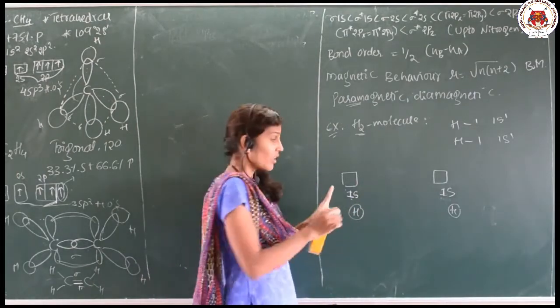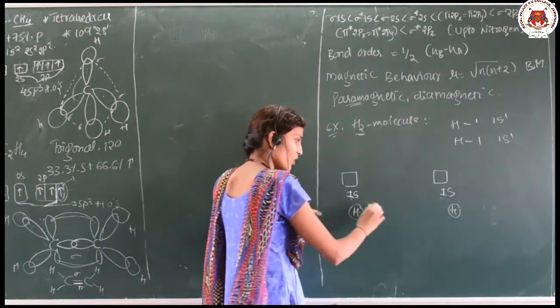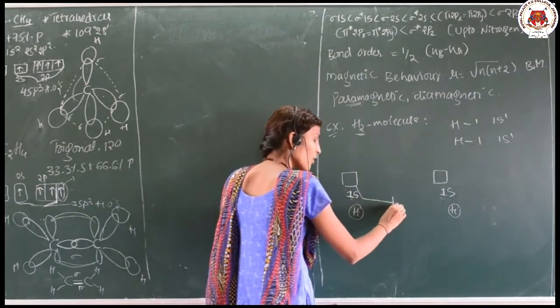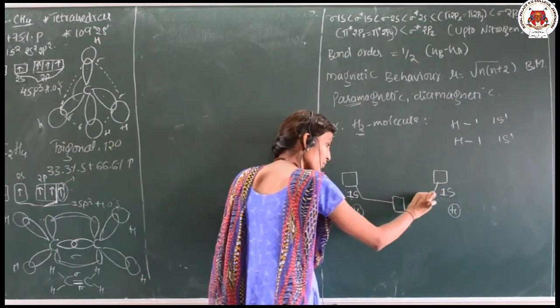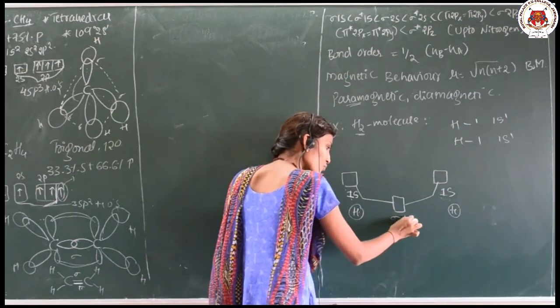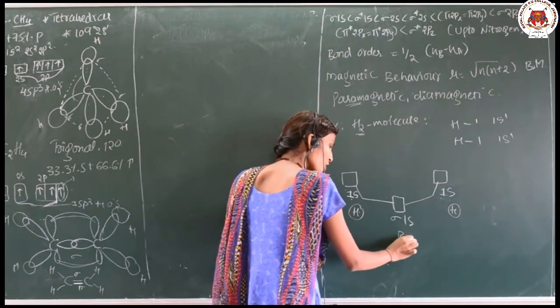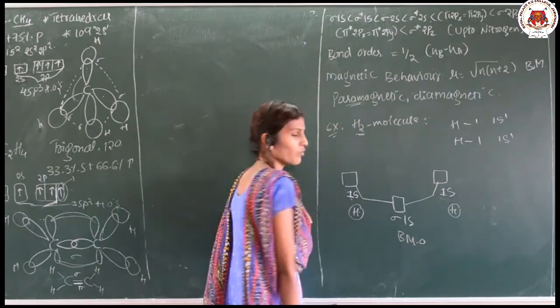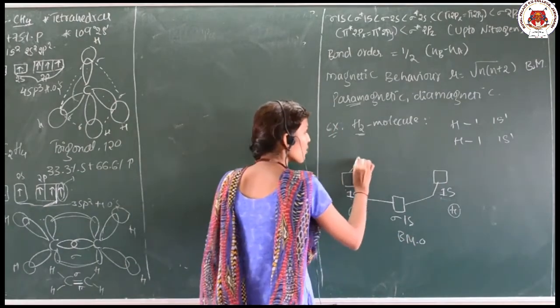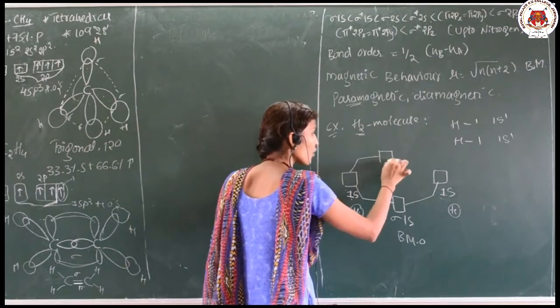What I said: when the atomic orbitals combine with each other, there is a formation of molecular orbitals. This is the sigma 1s, that is the bonding molecular orbital. And one more, there is a formation of the anti-bonding molecular orbital.